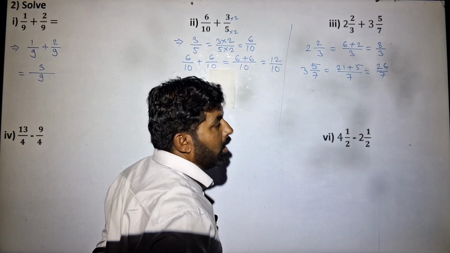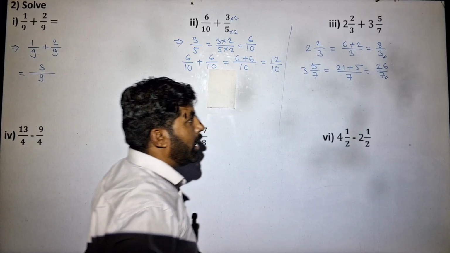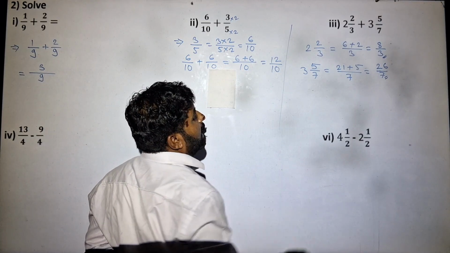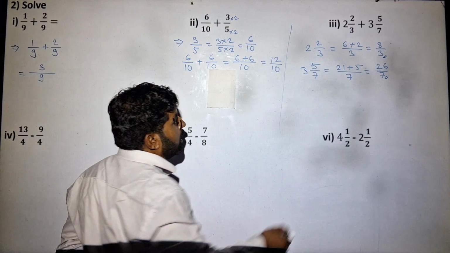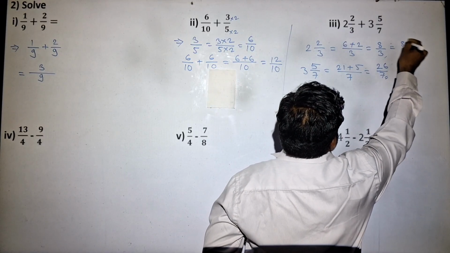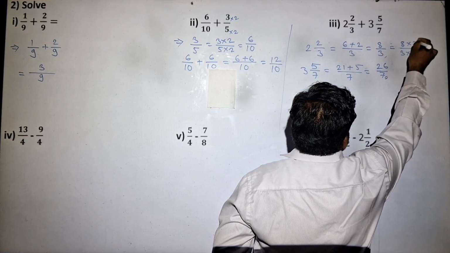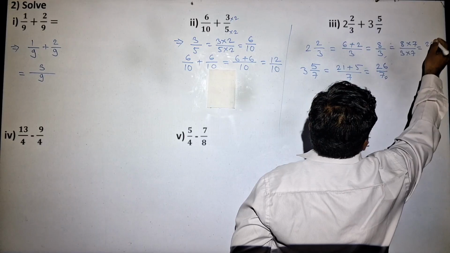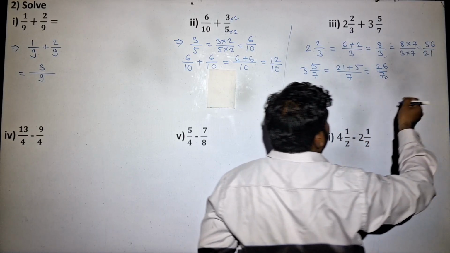Now we observe that the denominators are 3 and 7, that means both are unlike fractions. First we convert them to like fractions by taking the LCM of 3 and 7, which is 21. Multiplying 8 by 7 and 3 by 7, we get 56 by 21.